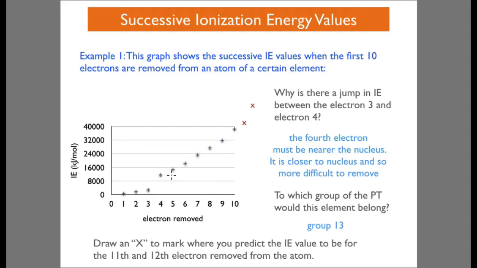So p6, p5, p4, p3, p2, p1. So that's all the p electrons removed. Now, s2 and s1 would be removed. So then we're going to have another gap here as you move to a lower energy level.